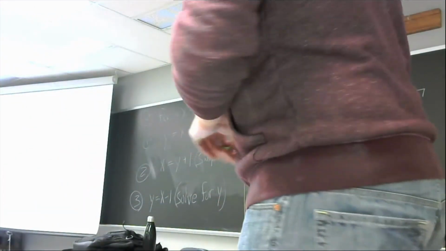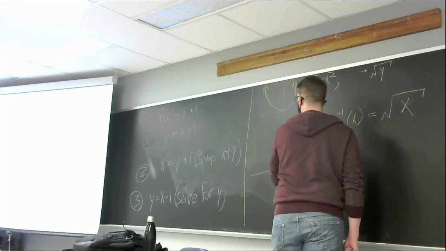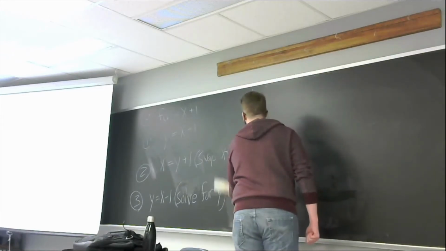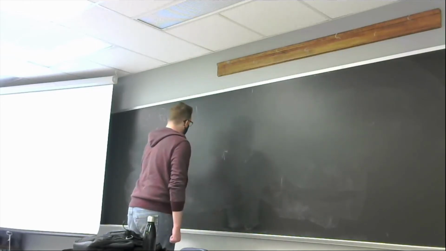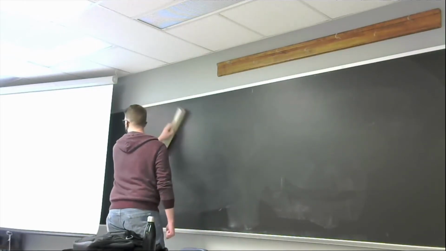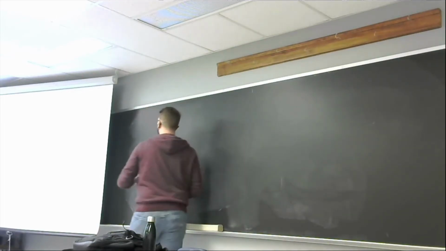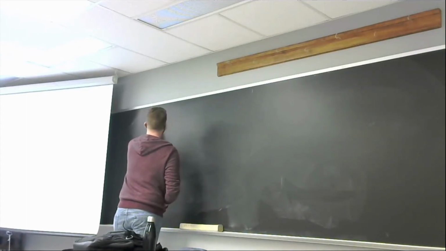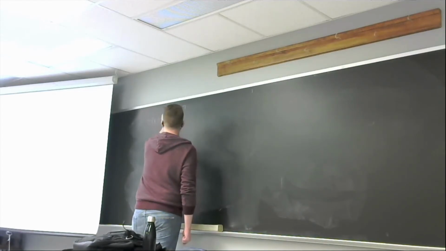Having said that, let's find the inverse function of this example here. We're told f of x is equal to the square root of 2x minus 3.